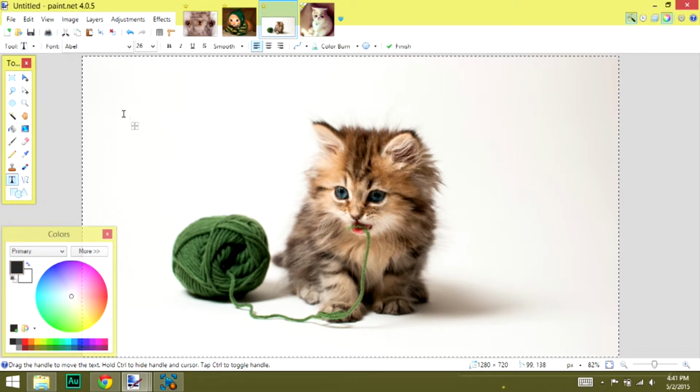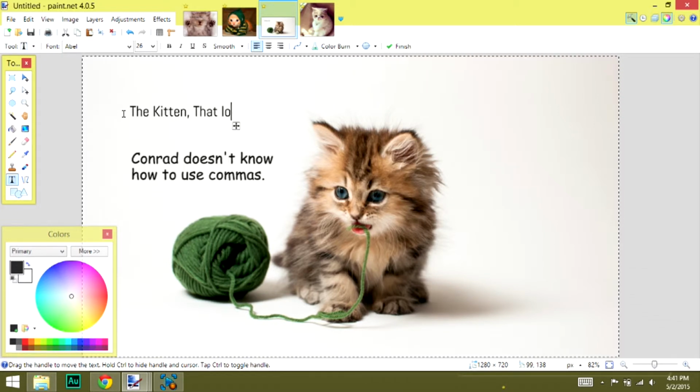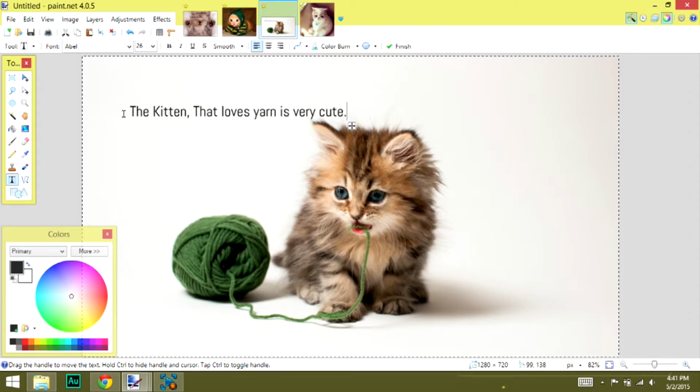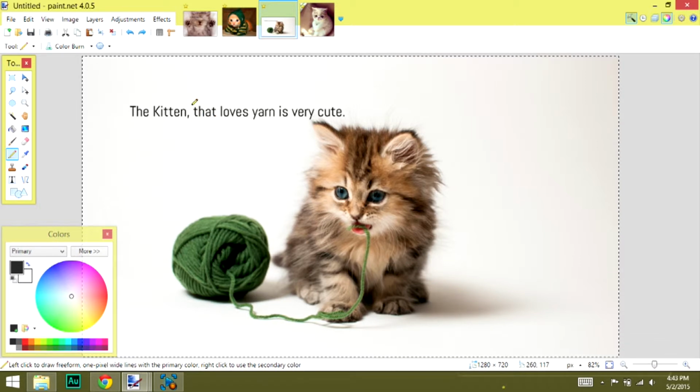So in this case, the kitten that loves yarn is very cute. And that is our sentence. So our relative clause in this case is that loves yarn. And our relative pronoun is that. So there is our relative pronoun. And that is referring to the kitten, and loves yarn is the predicate.